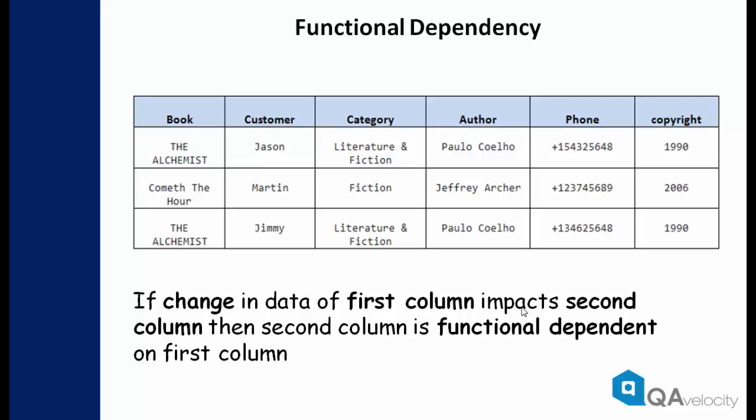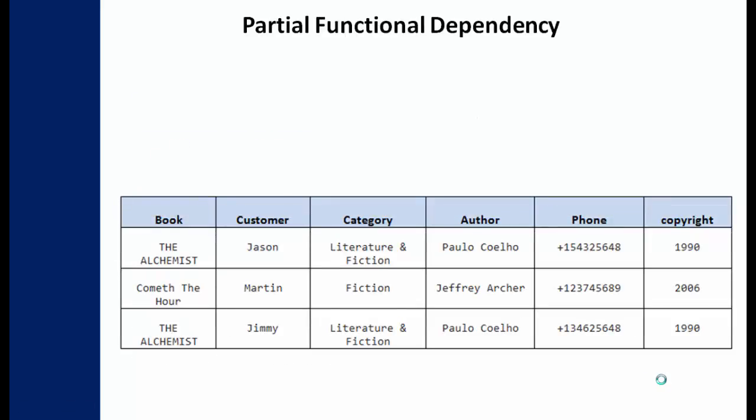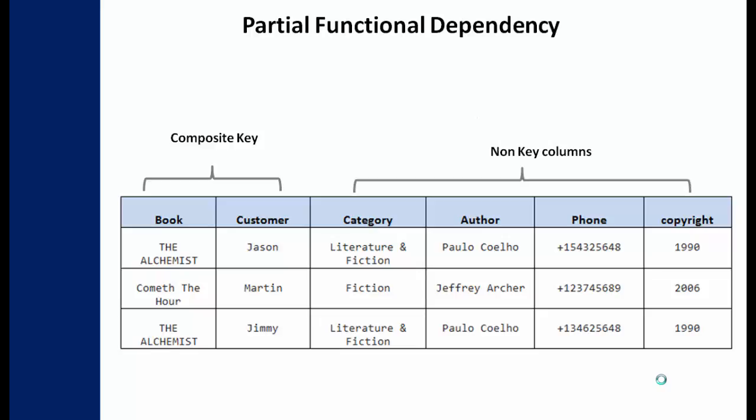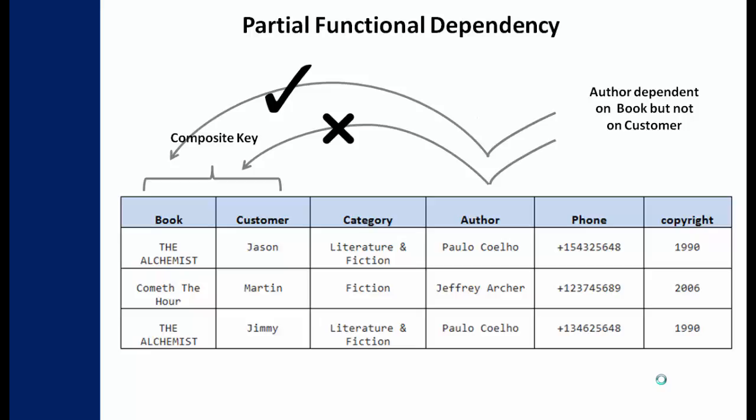By the word functionally dependent, what I mean is if you change book, category, author and copyright will automatically change. In this table, we are treating books and customers as a composite key. So book and customer, both columns would be known as composite key columns, and the rest of the columns would be known as non-key columns. Now if we see the author column, it is dependent on one of the columns of the composite key, that is books, but it is not dependent on the second composite key column, which is customers.